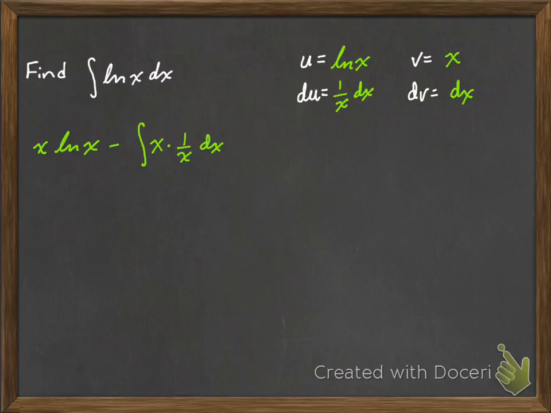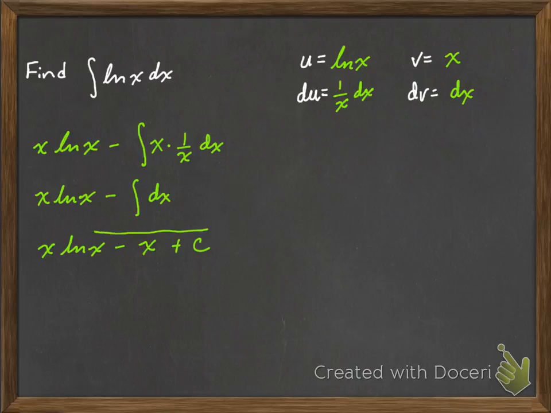All right, so if we simplify this a tad here, x times 1 over x is just simply dx, and that means that this will give us x ln x minus the antiderivative of dx, which is just x, and then plus our constant on the end here.